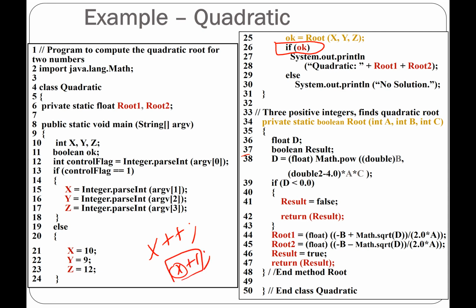Otherwise, I need to use it, and then I redefine a new value for X. Whereas plus X would have been the opposite. I define it, then use it.